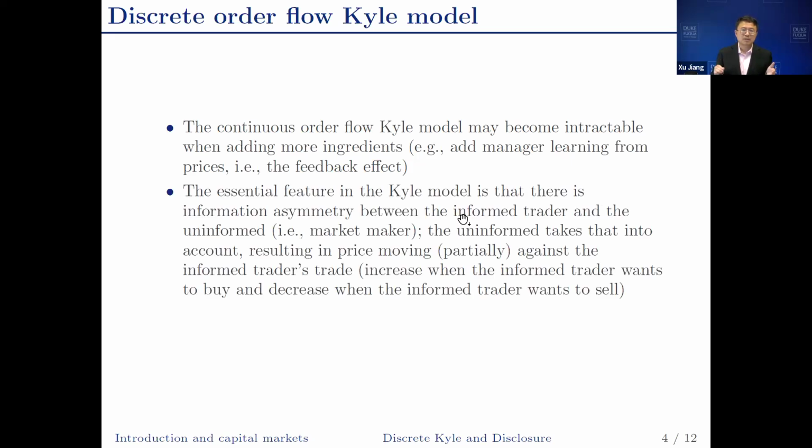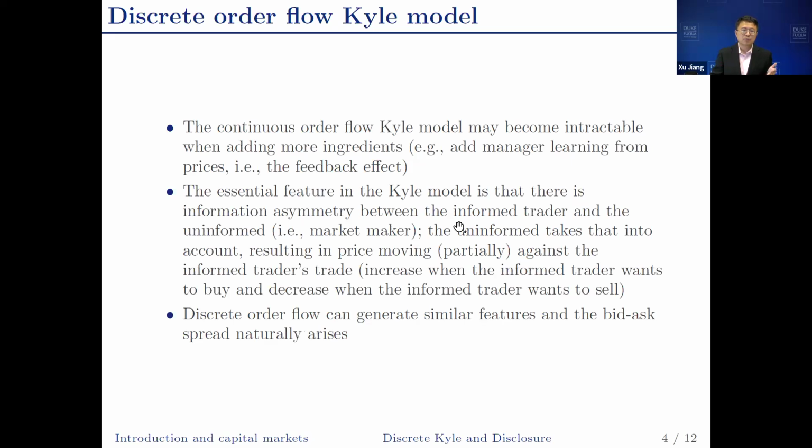In addition, the essential feature of the continuous order flow Kyle model is preserved. That feature is that there is information asymmetry between the informed trader and the uninformed market maker, and so the market maker is going to price protect himself or herself, resulting in price moving against the informed trader's trade. We're going to see such features are preserved under discrete order flow. In addition, the bid-ask spread naturally arises.